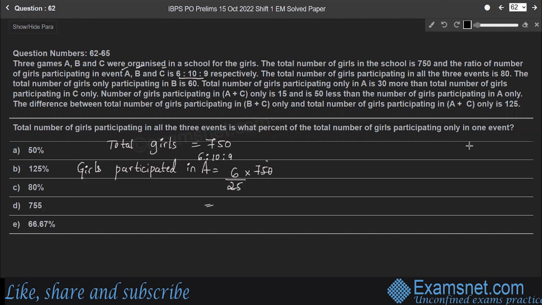So 25 into 30. So 180 girls participated in event A and girls participated in event B. Out of 25, 10 girls participated in B, therefore 750.